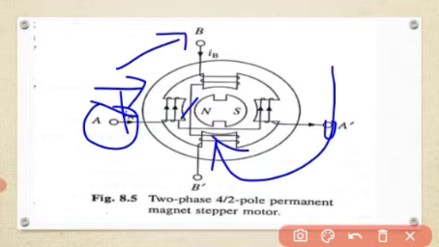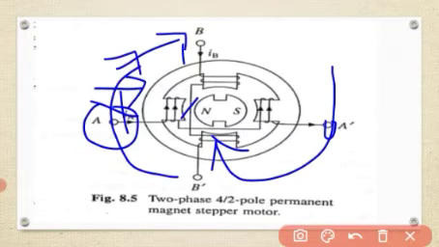I repeat, when excitation is switched from phase A to B, the direction of rotation depends on the direction of current in phase B. If IB is positive, the rotor turns in the clockwise direction, and when negative, it turns anti-clockwise.